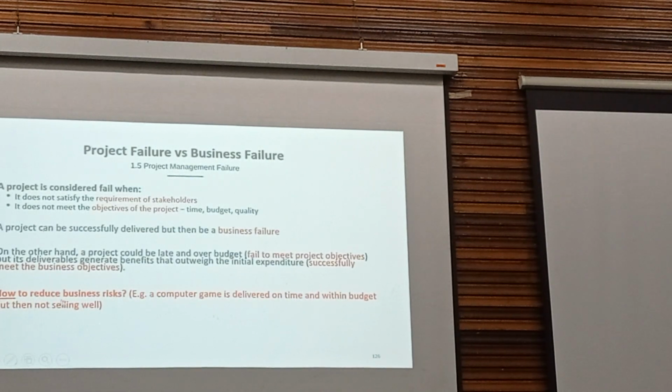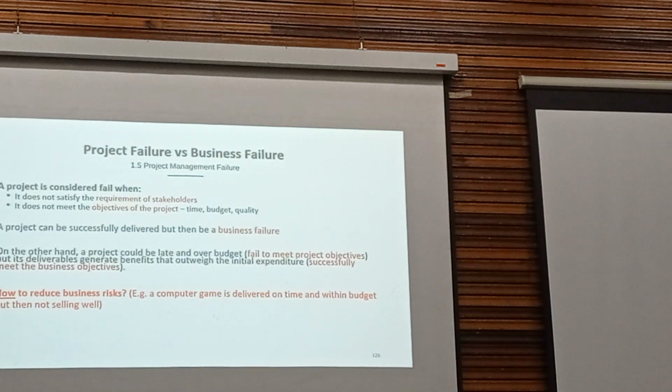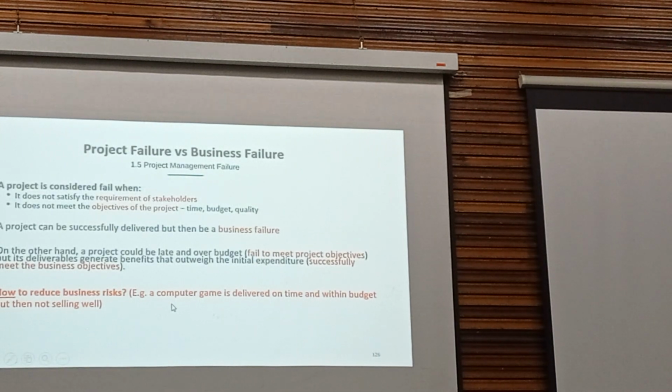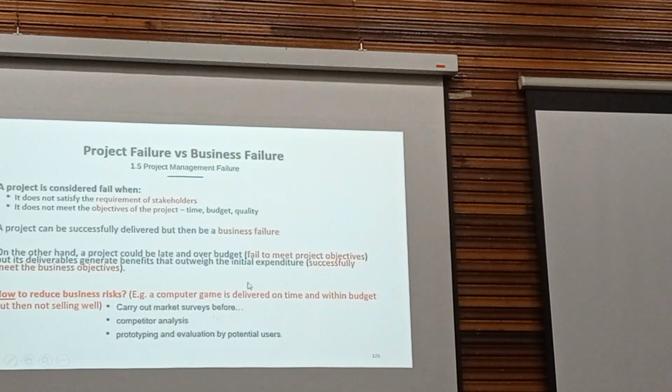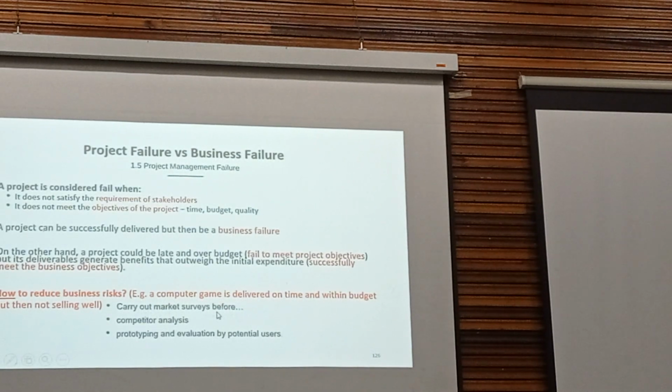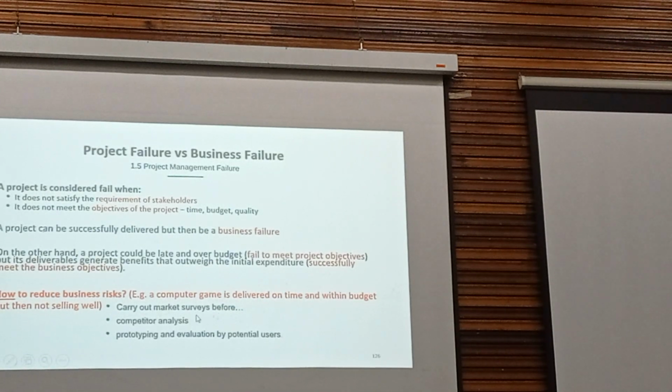So how to reduce business risk? A computer game is delivered on time and within budget, but not selling well. So this is a business risk. How to reduce it? You can carry out a market survey before you develop the system.